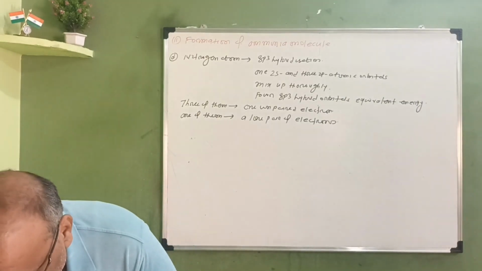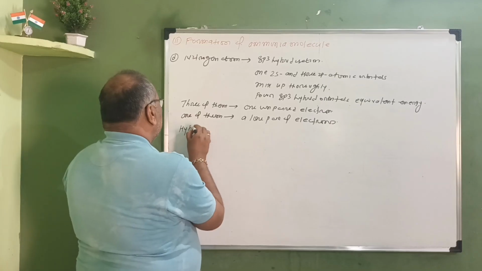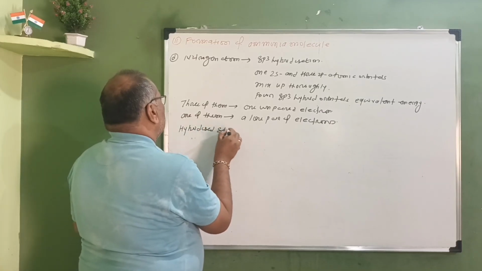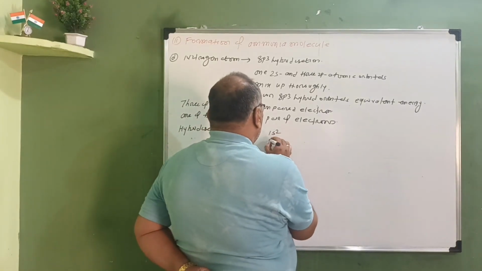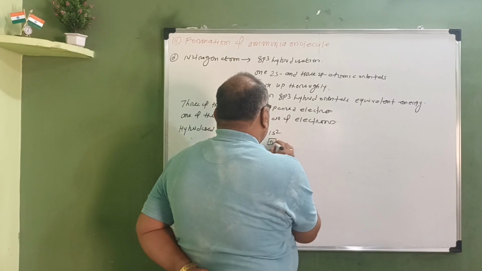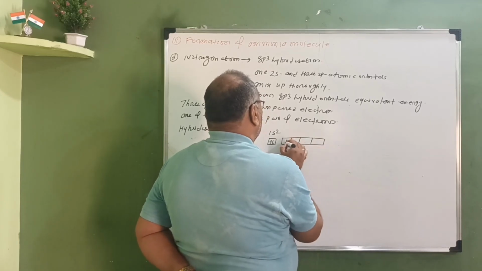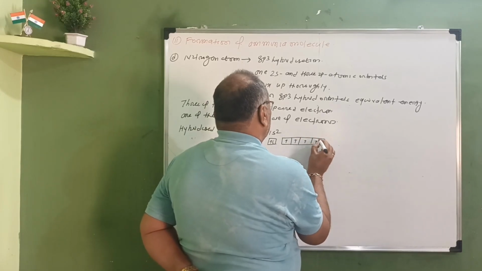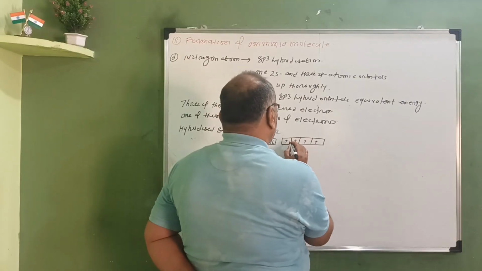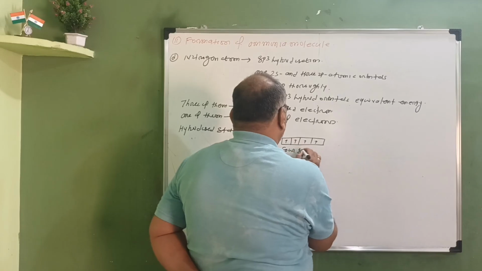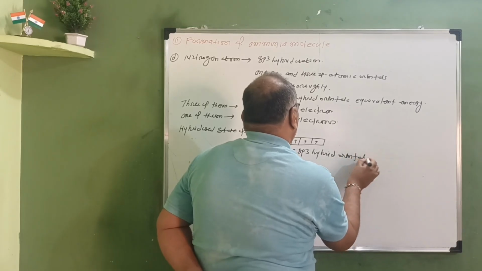That means here write down hybridized state of nitrogen atom: 1s2 remains as it is, and here you can consider these 4 atomic orbitals are mixed together and you will get these 4 sp3 hybrid orbitals.